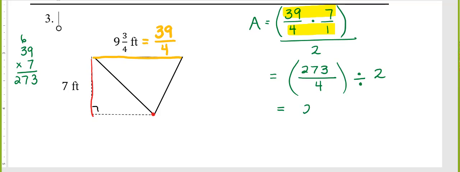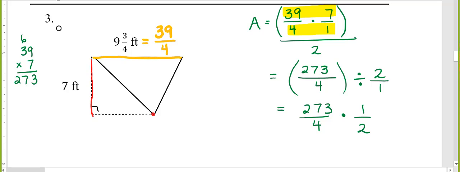So we're going to write 273 over 4 times, what's the reciprocal of 2 over 1? Yep, 1 over 2, good. So instead of dividing by 2, we said times 1/2.